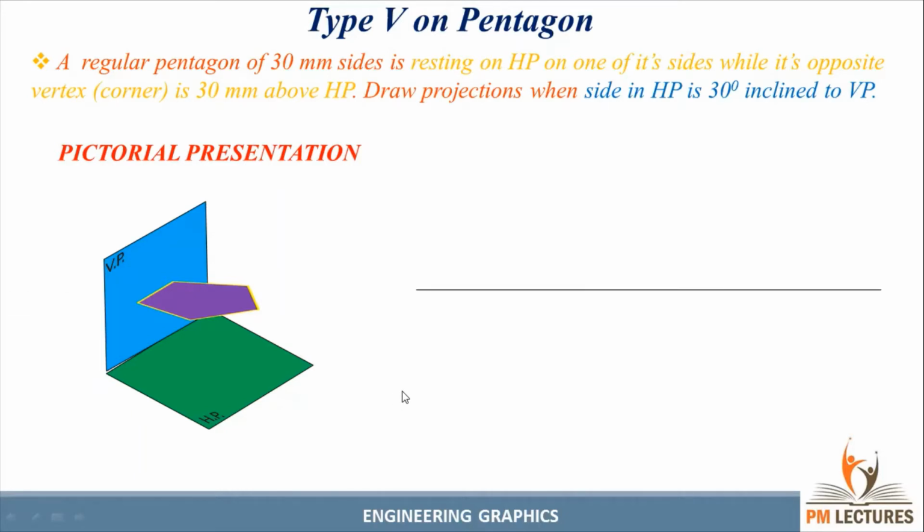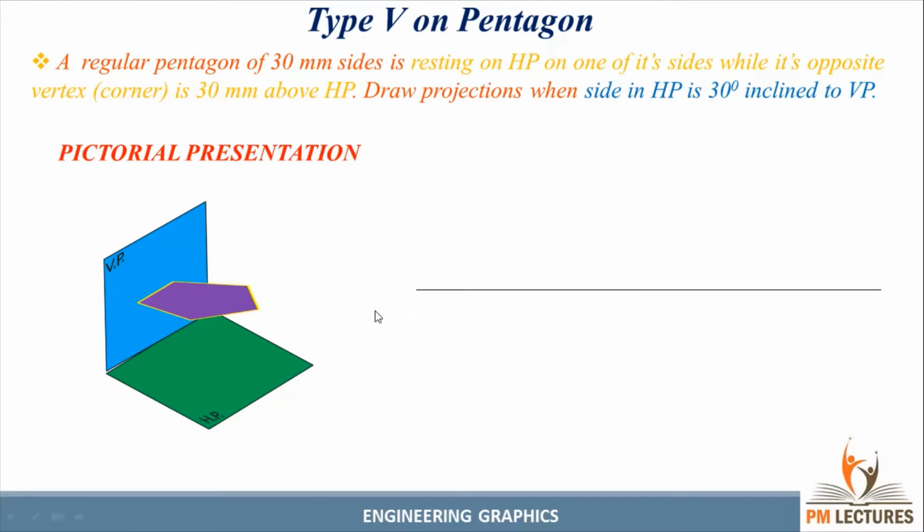After drawing the XY line, there is no surface inclination given directly, but indirectly they have given the surface inclination. See the question: one of the sides is lying on HP and the opposite corner is 30 mm above HP. If the corner is 30 mm above HP, it means we need to do the inclination with HP only.